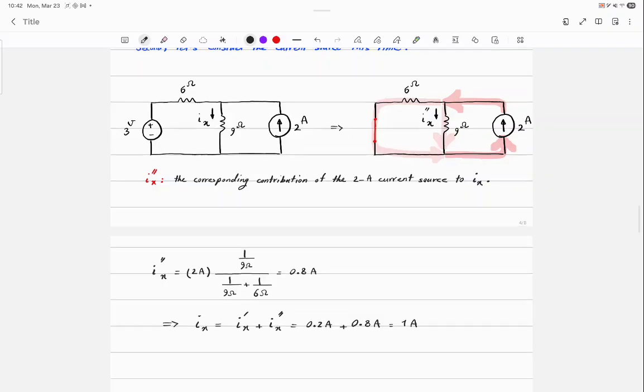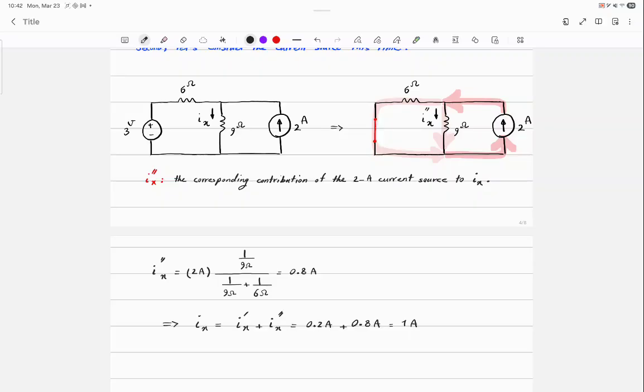So, if you remember the equations or the formulas for current division, answer this question first. If I increase the resistance of a branch, will the current decrease or increase? Decrease, okay? That's why it's proportional to the inverse of the resistor.